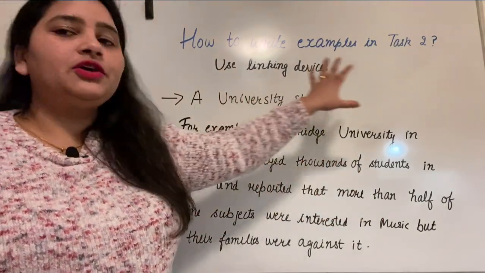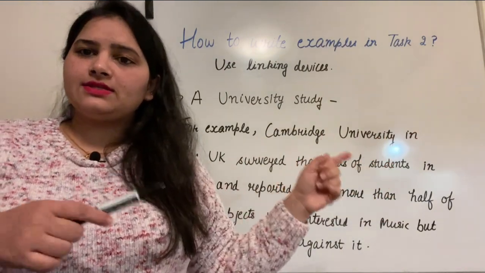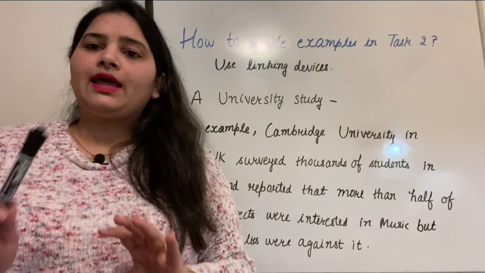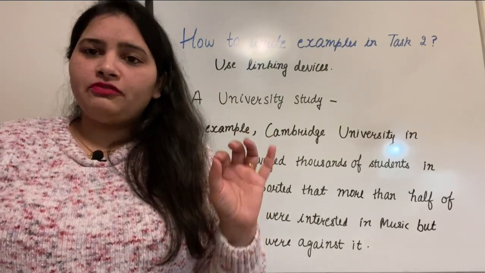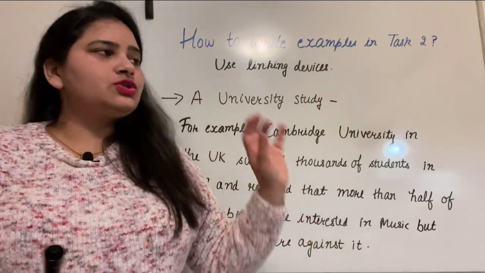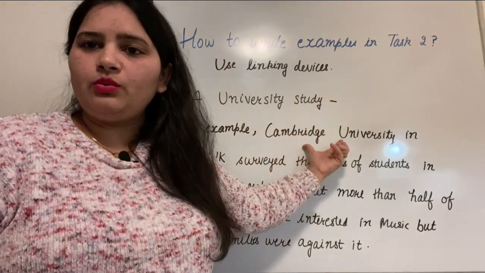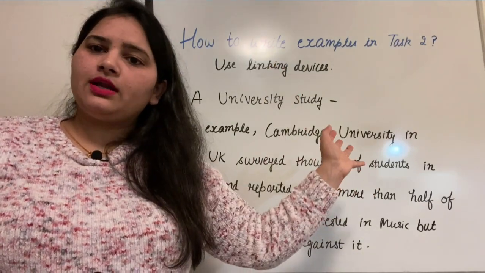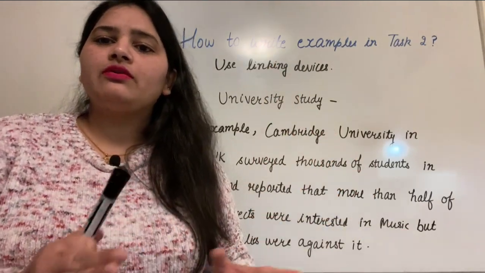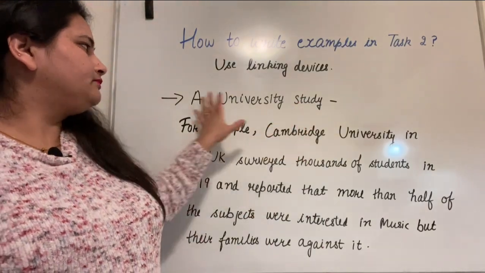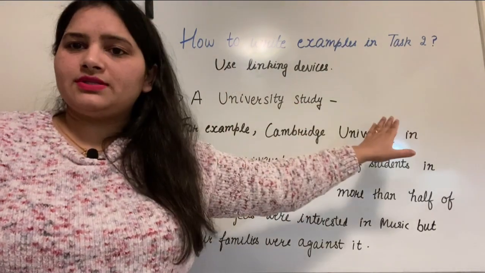You can write that this study has taken place in this and this university. You can write any name, any fictional university, any fictional example. Just take the name of the university and the survey that was conducted, when it was conducted, and try to relate it to the topic. You can write the first one by writing a university study.